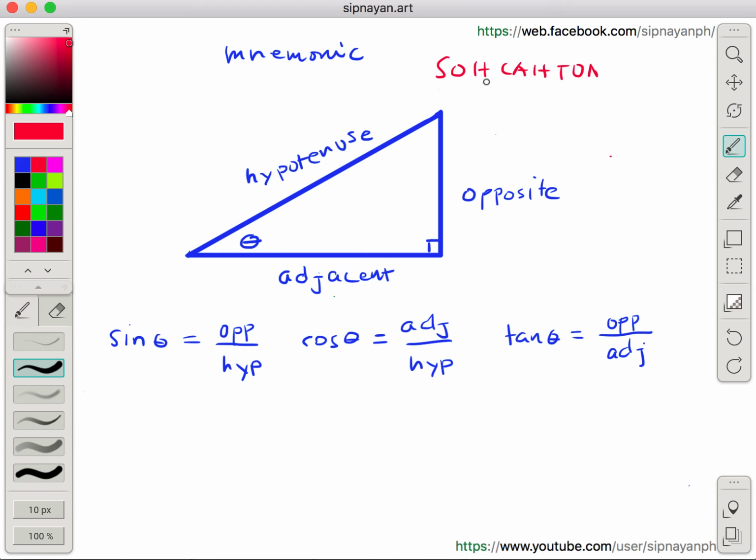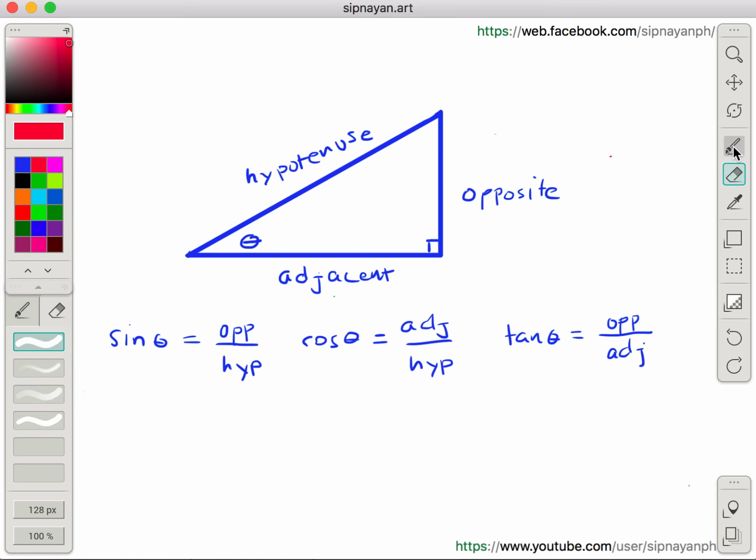Sine is opposite over hypotenuse, cosine is adjacent over hypotenuse, and tangent is opposite over adjacent. So I think naka-help naman yan nung ako'y nag-aaral, so I think it's good also to remember that. Hindi nga lang siya mathematical, it's a way of remembering.